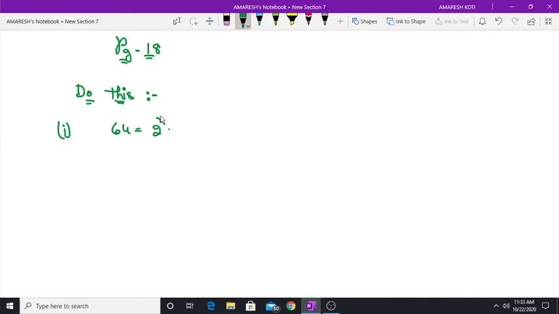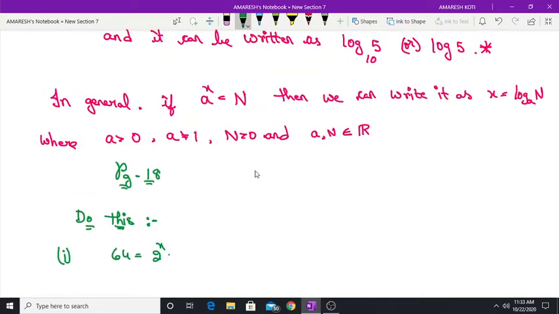Write the powers to which the base is to be raised in the following. So what you need to find is the value of x.